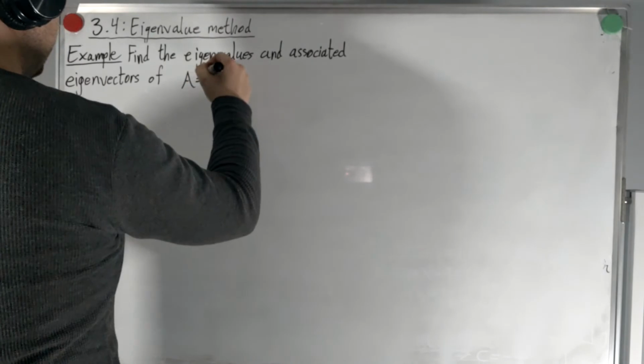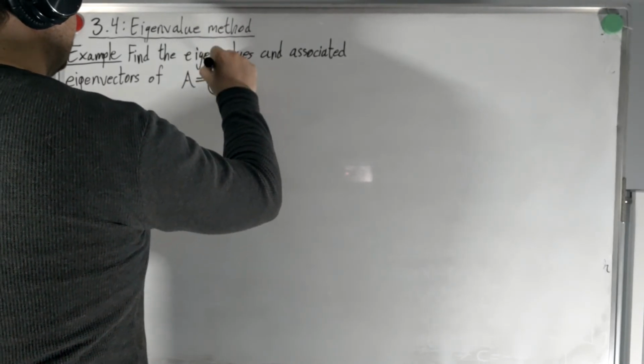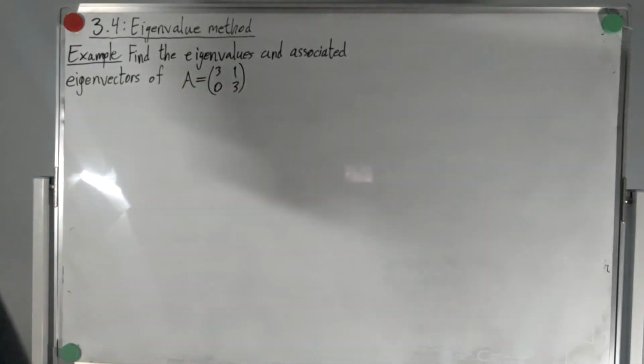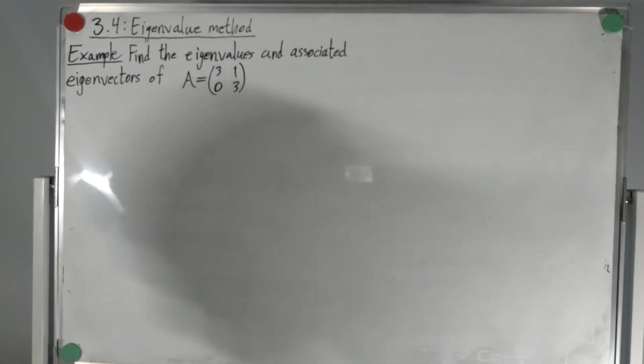Let's say we have the matrix 3, 1, 0, 3. And we're trying to once again find the eigenvalues and associated eigenvectors.